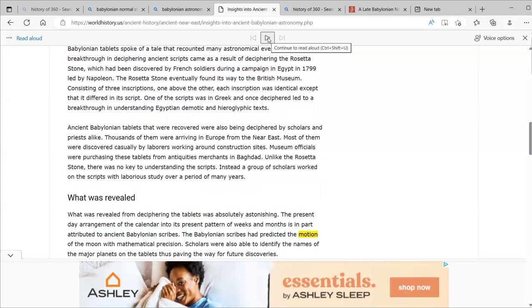So as he said, what was rebuilt from deciphering the tablets was absolutely astonishing. The present day arrangement of the calendar into the present pattern of weeks and months, in part attributed to the ancient Babylonian scribes.